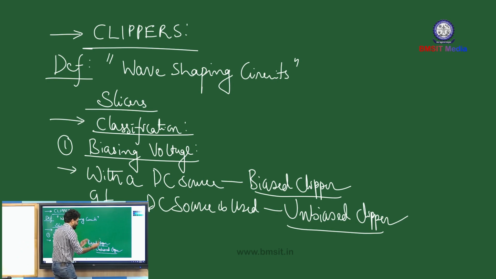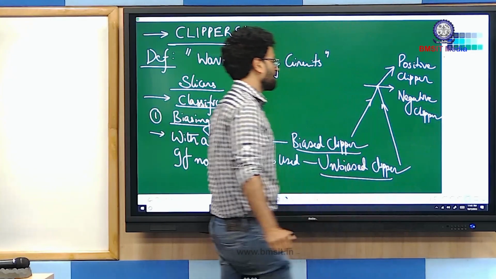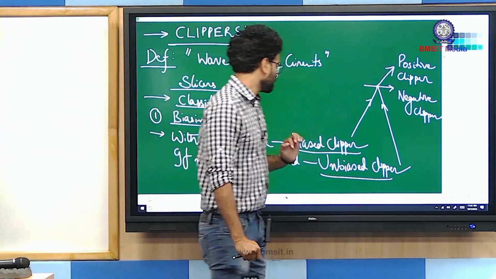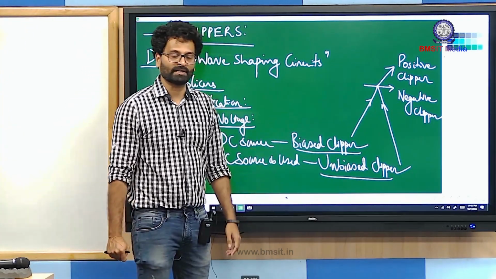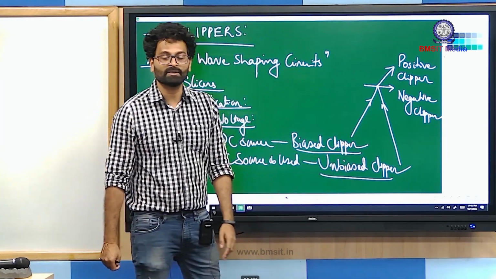Now, whether it is a biased clipper or unbiased clipper, you can have two types: positive clipper and negative clipper. You can have a positive clipper in the biased clipper category, and also in the unbiased clipper category.